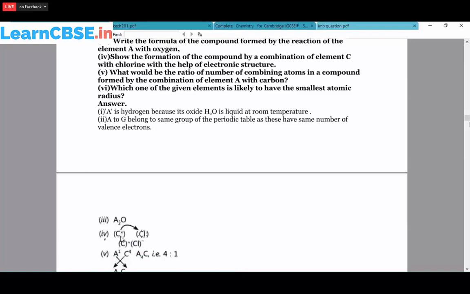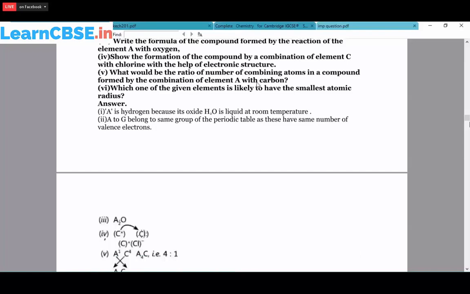When you are moving down the group, the metallic character increases, so it will lose the electron easily. So the element C can easily donate the electron, and the chlorine atom easily gains the electron and forms the chloride ion. It forms C plus and Cl minus. So this is an ionic compound.